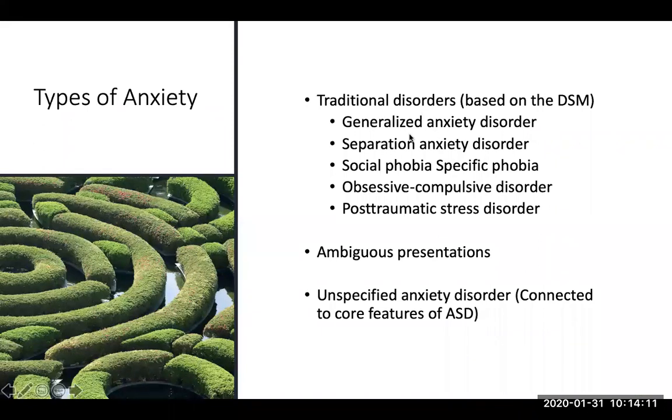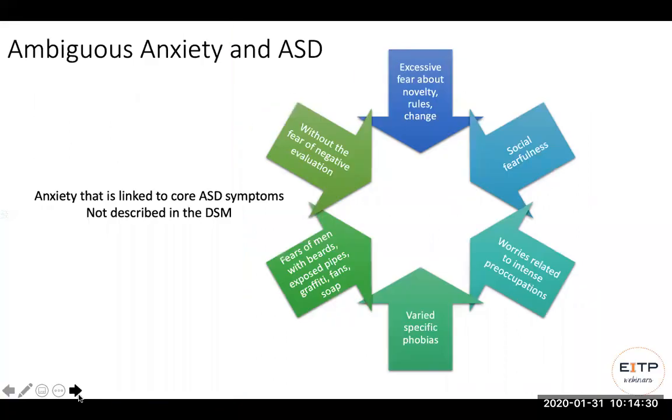Anxiety, generalized anxiety disorder, separation anxiety, social phobia, obsessive compulsive disorder, and there's also post-traumatic. Something that is really important to keep in mind is these ambiguous presentations, which is not in DSM-5 yet. And this is a slide about ambiguous anxiety.